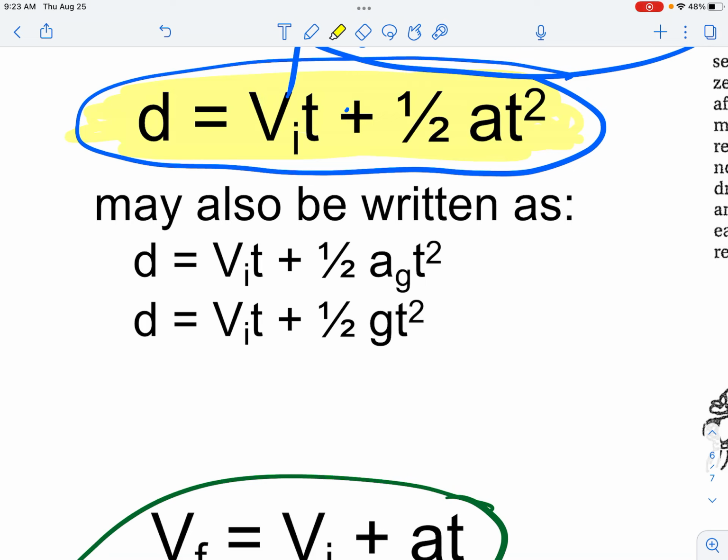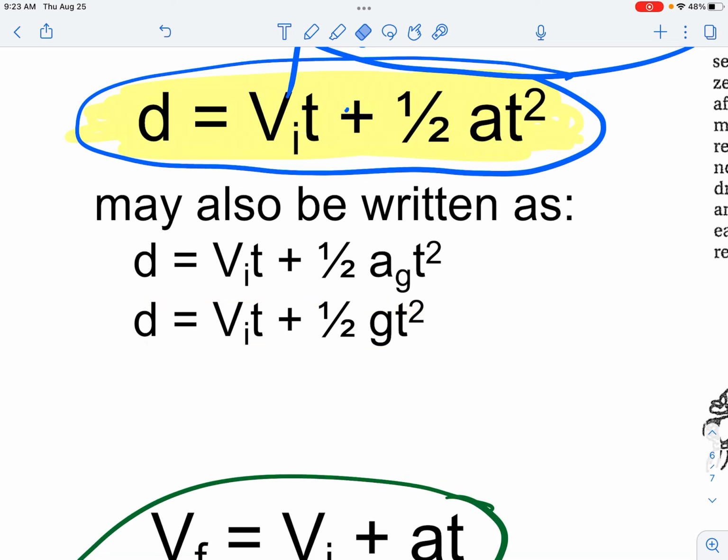Now, these other two formats are just different ways that you might see the equation expressed. Maybe you're looking at an online resource. Maybe you're sitting in your physics class when you get to college. You might see that the equation is expressed like this, where they put a g for gravity because they are dealing specifically only with the acceleration caused by gravity.